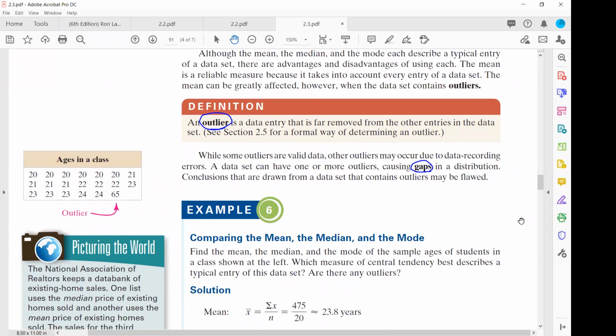Okay, let us take a look at this quick example. You have a collection of ages in a class. You have six students age 20, student age 21, 23, 24, and we have a student age 65.